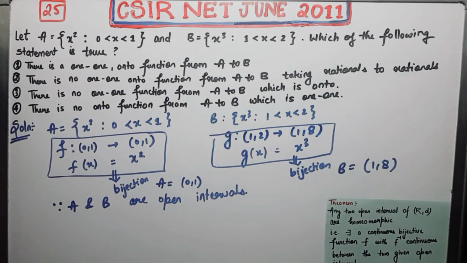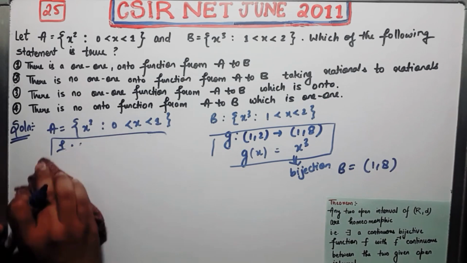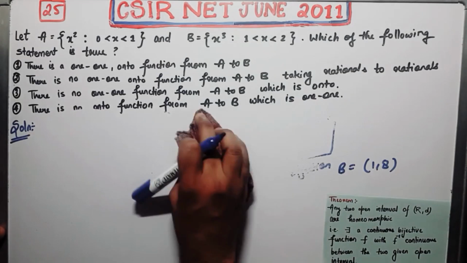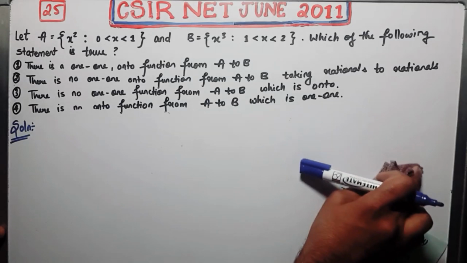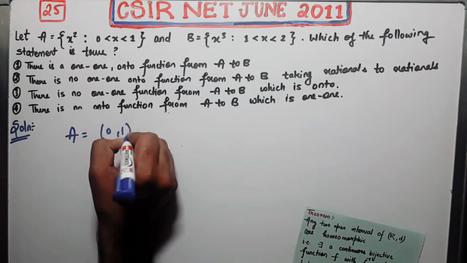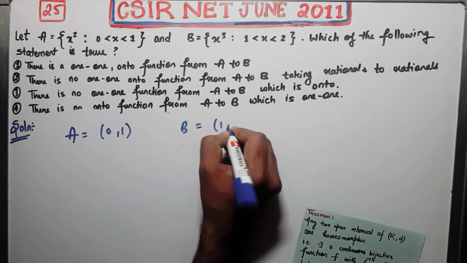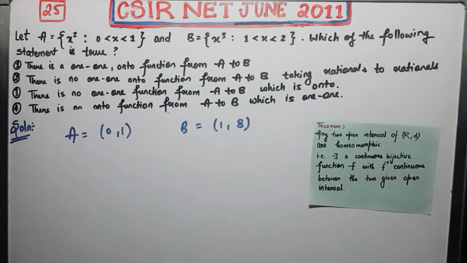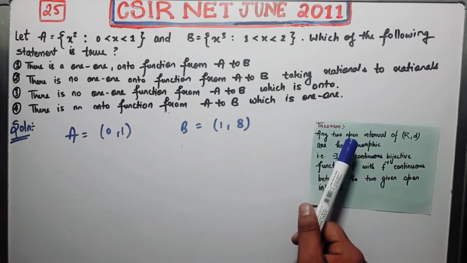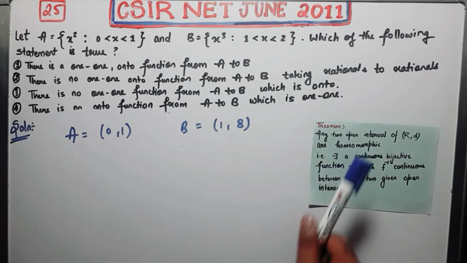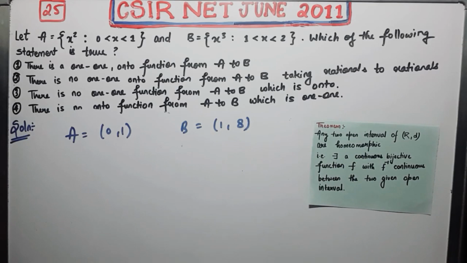I will keep this here and erase everything else. Till now what we have done is just compute what A and B are. So A is your set (0,1) and B is your set (1,8). Now according to this theorem, between any two open intervals of (R, d) they are homeomorphic. That means there exists a continuous bijection between them.